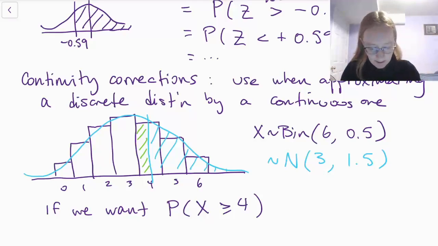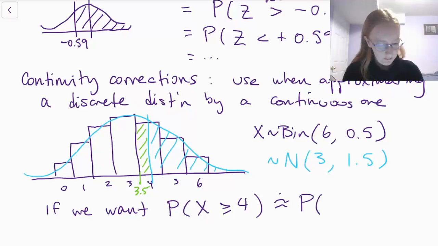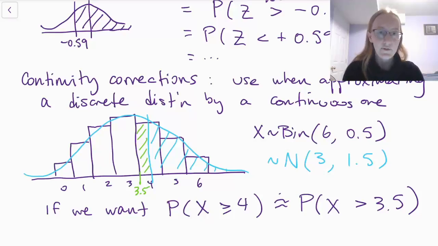So this point here on the x-axis is halfway between 3 and 4. What we would really want is for this to be approximately equal to the probability that this normal is greater than 3.5. And then we would use this normal approximation.